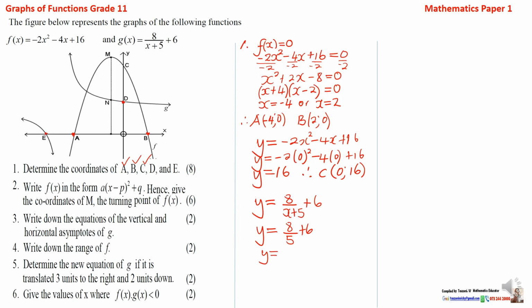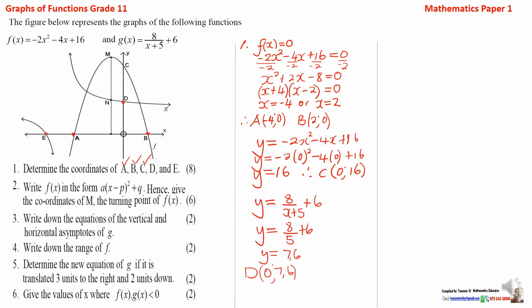So we can now conclude that the y-intercept of the hyperbola is (0; 7.6). That is the point D on our graph. So the coordinates of D are (0; 7.6).